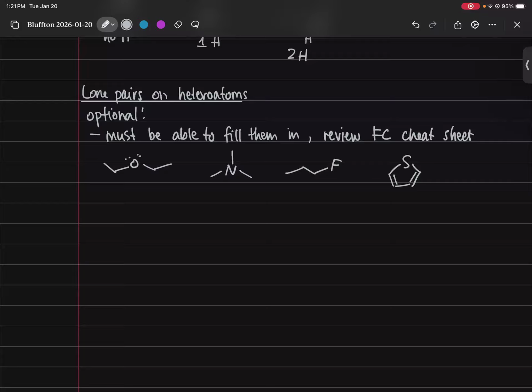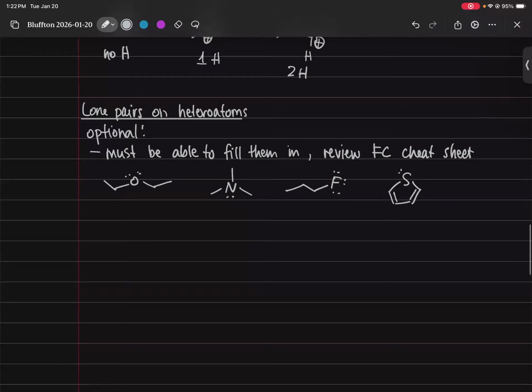Nitrogen? 1. Fluorine? 3. Honestly, the halogen lone pairs are probably the least important, even though there's the most of them. And then sulfur. 2. Sulfur is just fat oxygen.